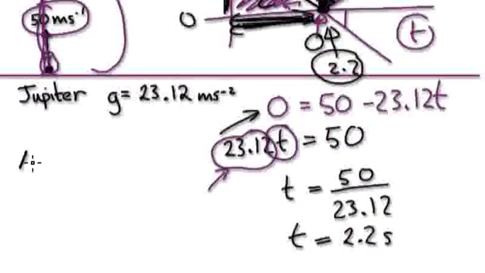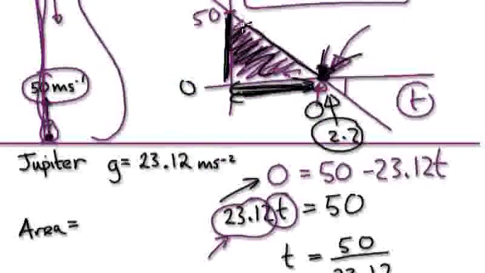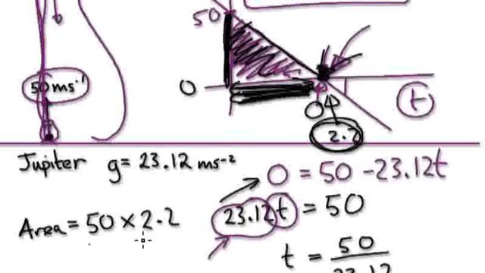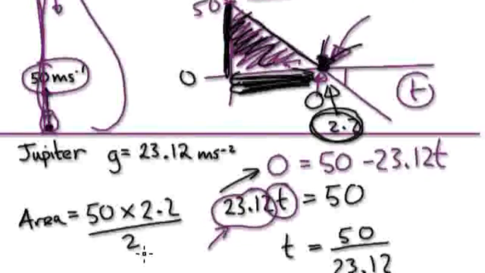Let's just say area equals the height here, which is 50, times the across here, which is 2.2, and then divided by 2.